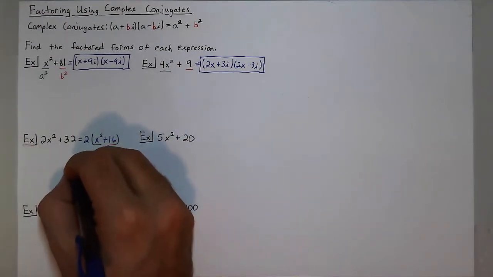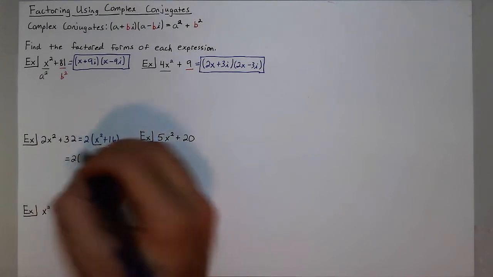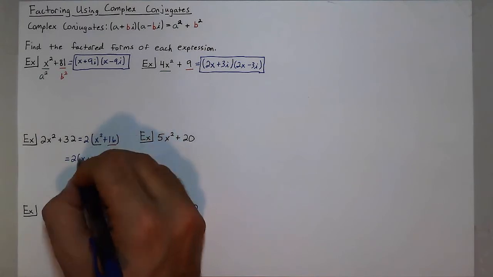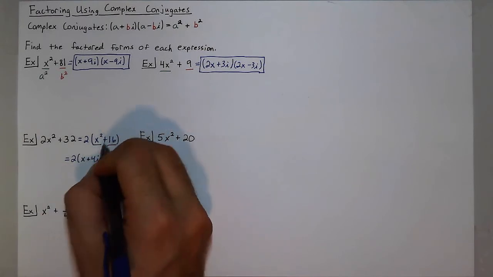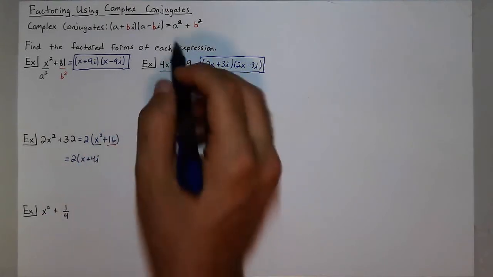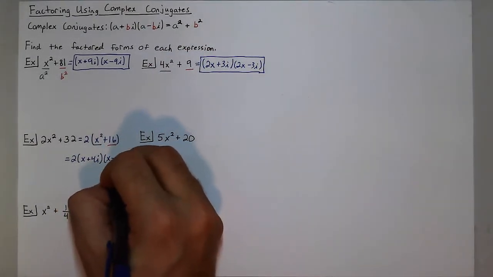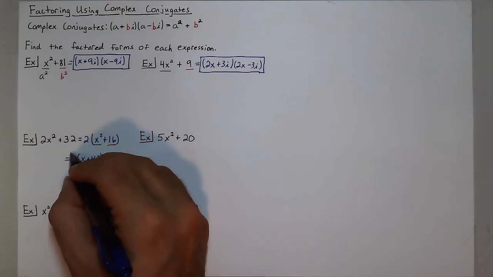Now I'll get 2 times x plus 4i, for the square root of x squared is x, and the square root of 16 is 4. The fact that we're adding these two perfect squares will make that a complex factor. And we'll get x minus 4i for its conjugate.